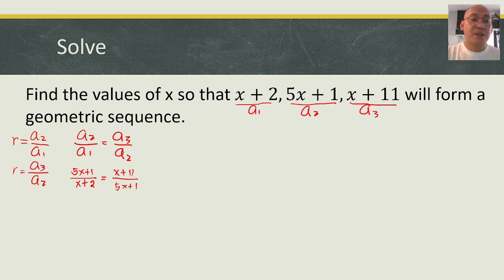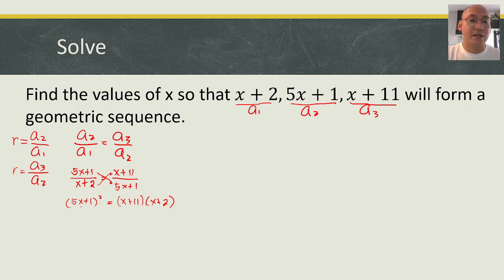So 5x plus 1 times 5x plus 1 will give us a square of binomial, 5x plus 1 squared. And it is equal to x plus 11 times x plus 2. So let us simplify those expressions.